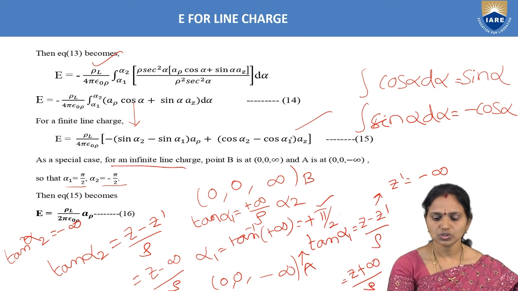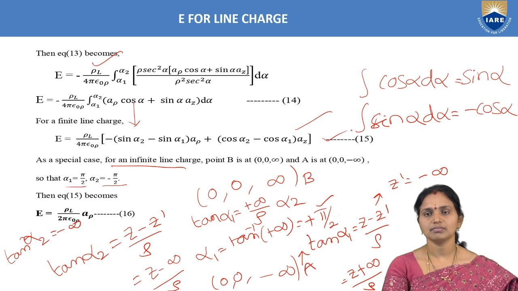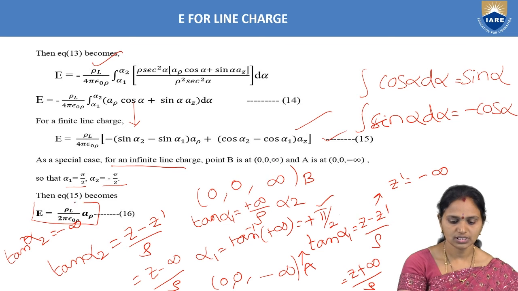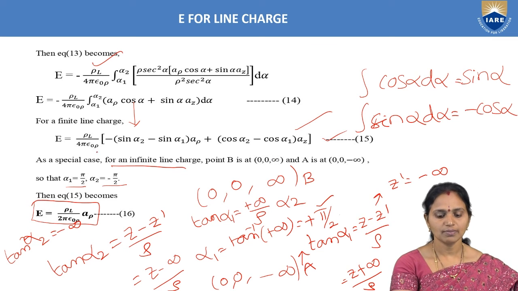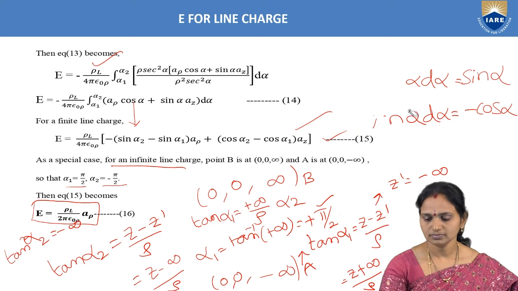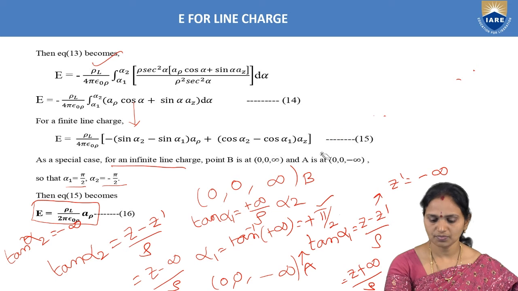Then by substituting alpha 1 and alpha 2 in the general equation, we get the final simplified value of E. Now we will see one more step here.